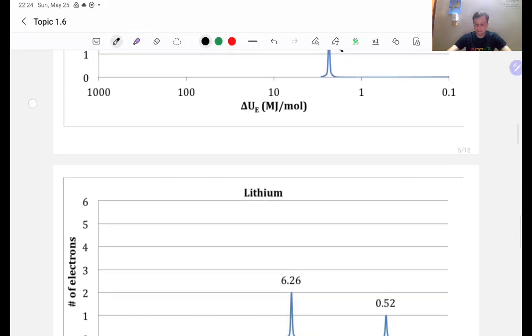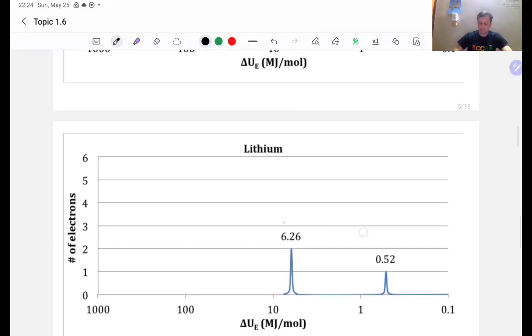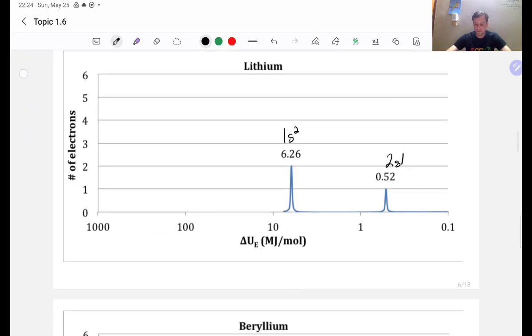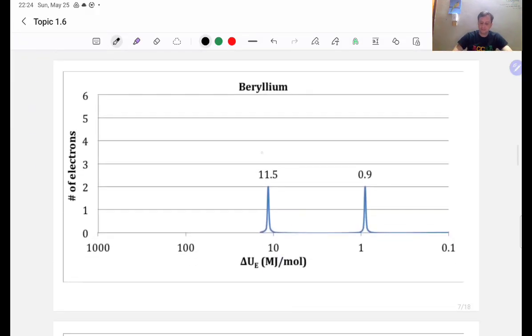And then we go to lithium. So you can see this would be 1s2, and here we have 2s1. So the 1s electrons are closer to the nucleus, and there are 2 of them, so the peak is twice as tall, and they have a higher binding energy than the 2s1. Then we look at beryllium. We have 1s2, 2s2.